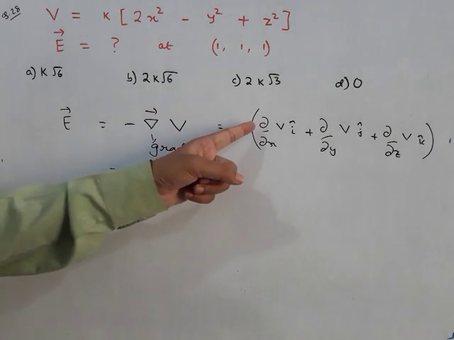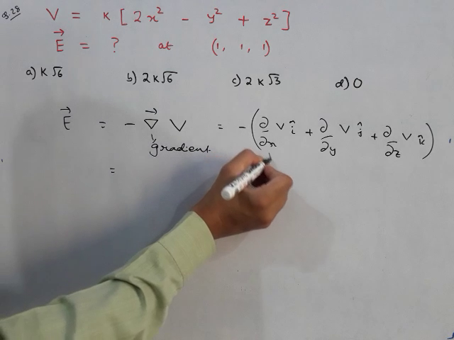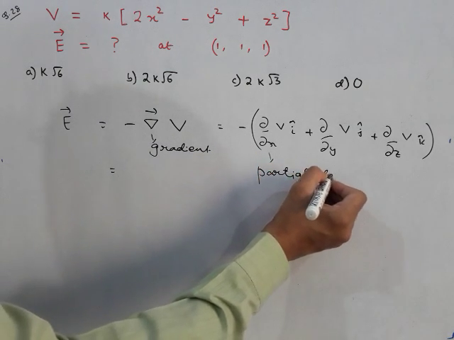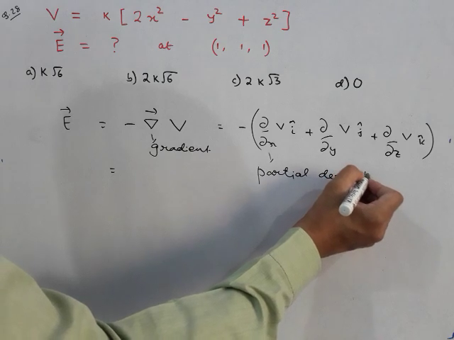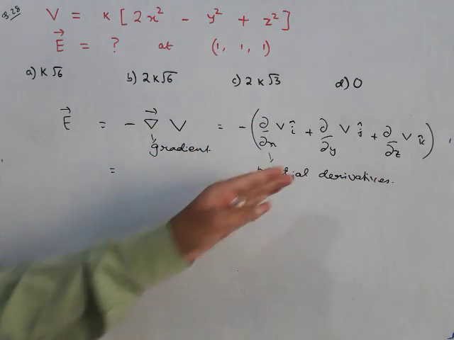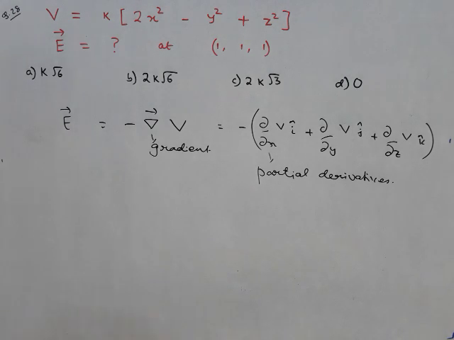Now you also probably do not know what is the meaning of this del. These are referred to as partial derivatives. Very, very important. Please have patience. You will certainly be able to do these questions if you know some ideas regarding differentiation.